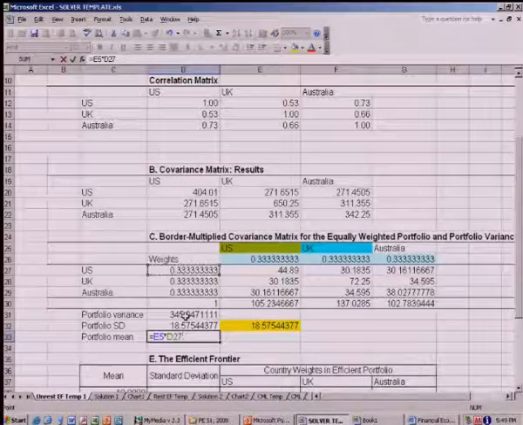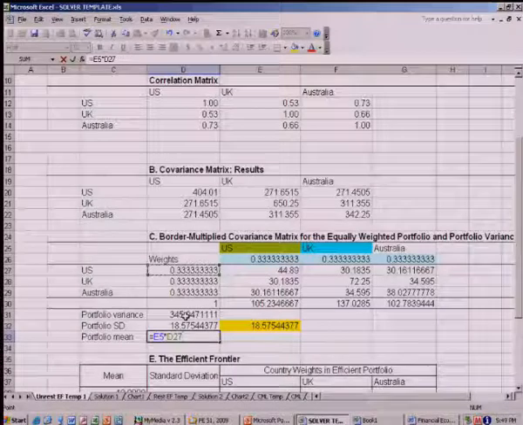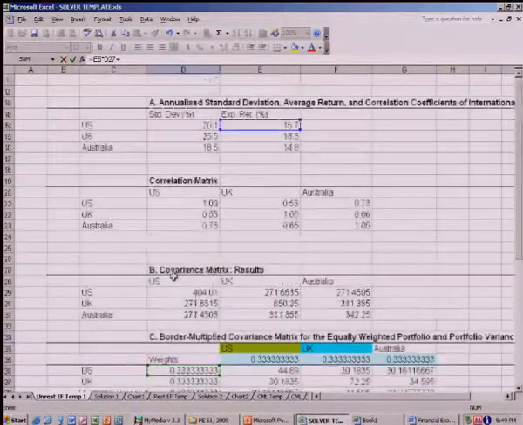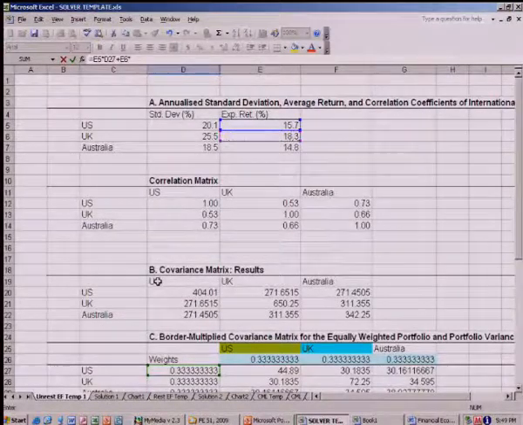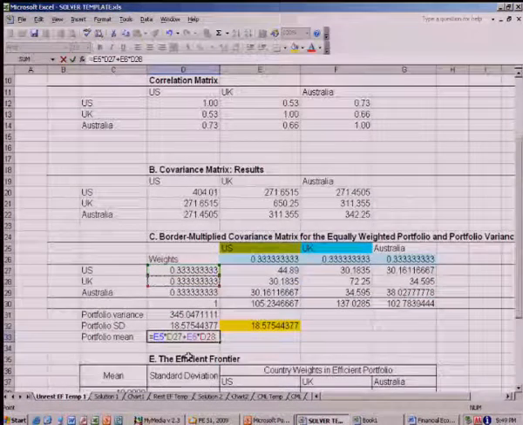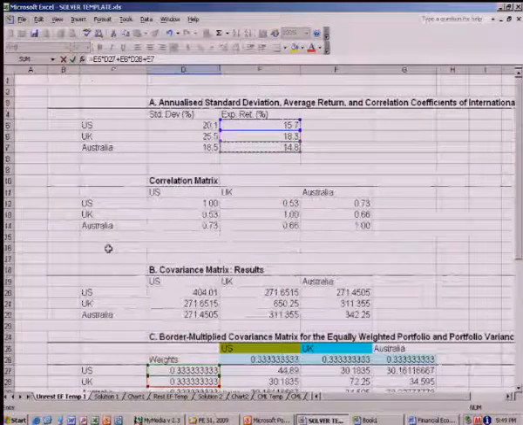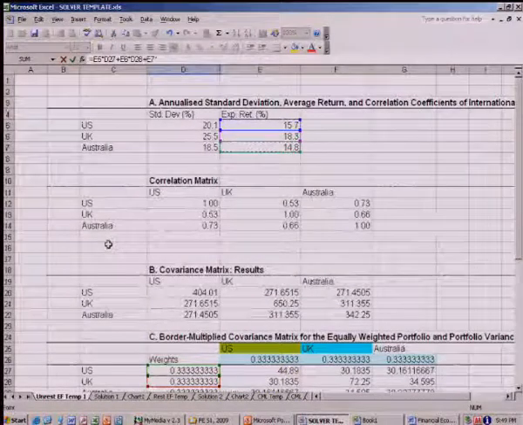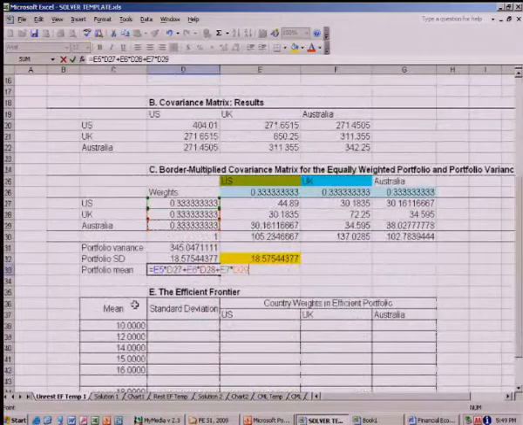Then that's going to give me an expected return contribution from the US asset in this portfolio, plus the expected return on a UK asset times the weights on a UK asset from the border column, plus the expected return on the Australian asset times the weights on an Australian asset from the border column.